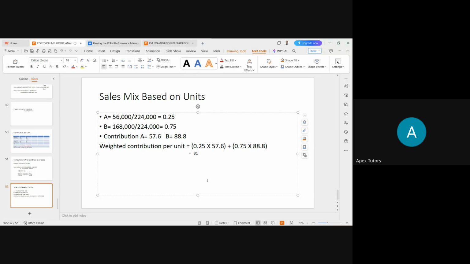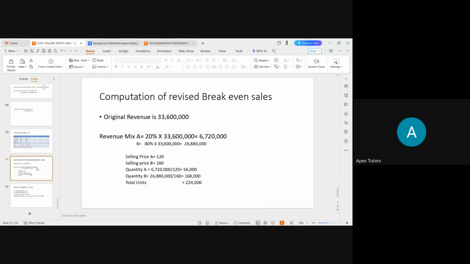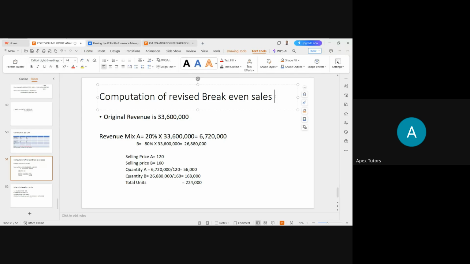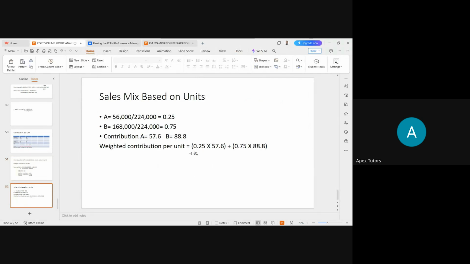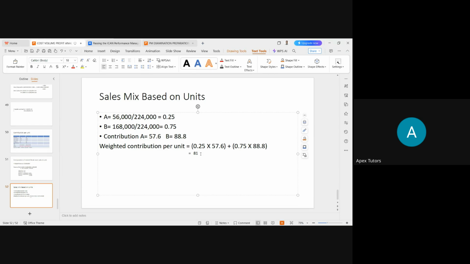Now, to determine the break-even sales in units, what is the question saying? Since we have the weighted contribution per unit to be 81, the formula is fixed cost divided by weighted contribution.